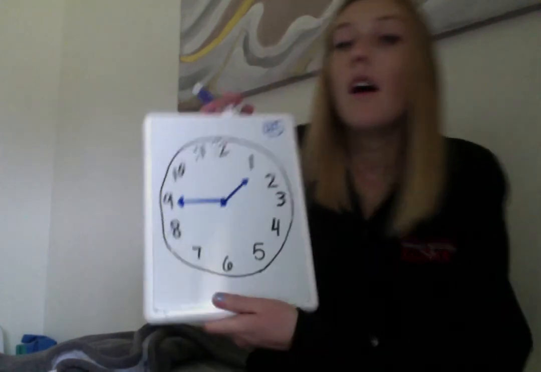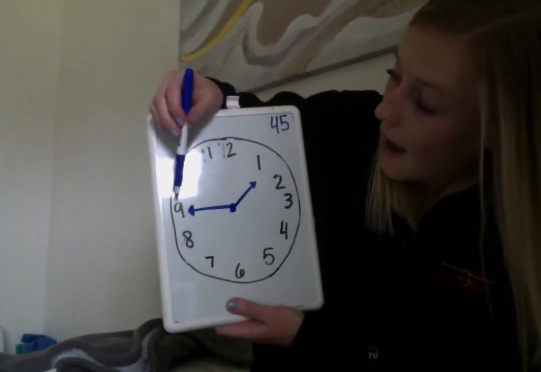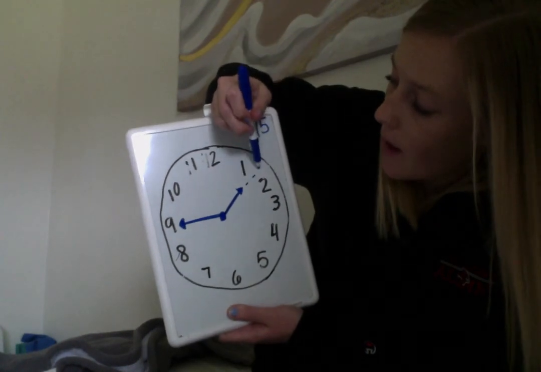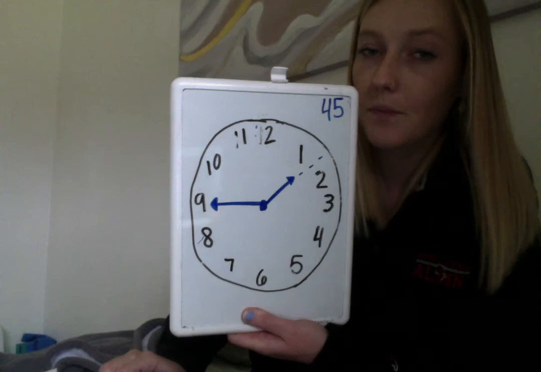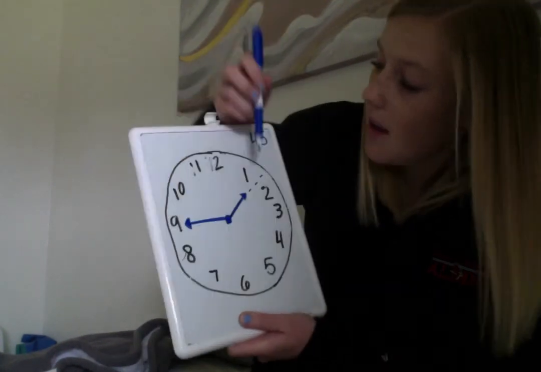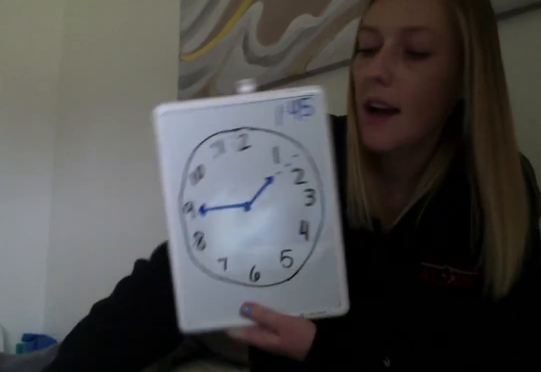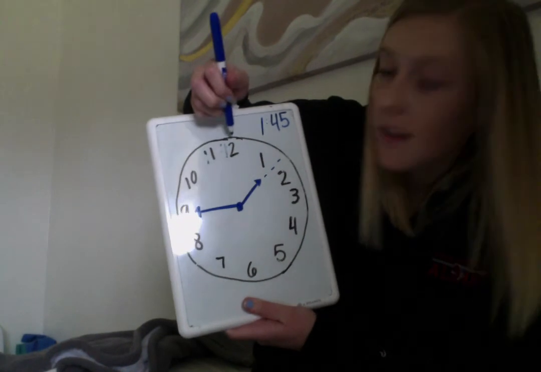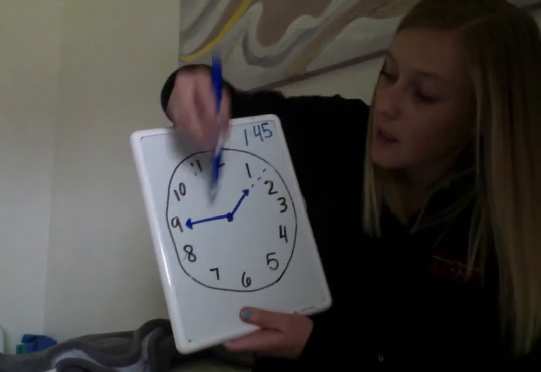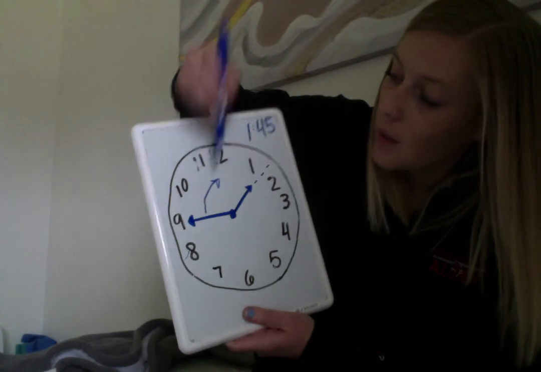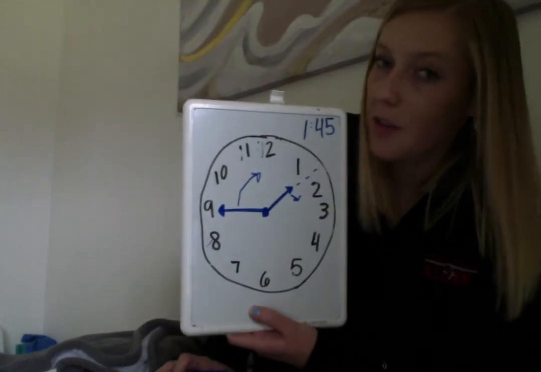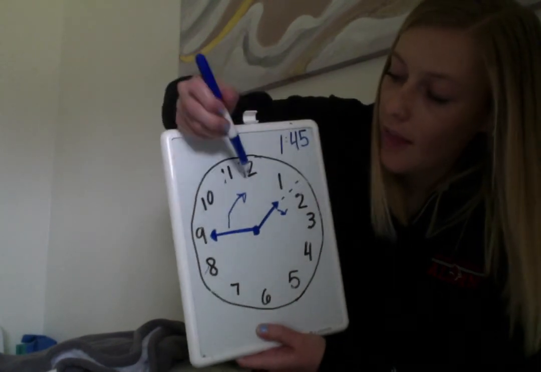So my minute hand is on the 9, which means that it is something 45, and my hour hand is right in between that 1 and that 2, which tells me that it has not hit the 2 yet, but it's past the 1, which tells you this clock is showing us 1:45, and in 15 minutes, it will be 2 o'clock, because this hand in 15 minutes will move there, and this hand in 15 minutes will move there. So the hour hand will be pointing at the 2, and the minute hand will be pointing at the 12 in 15 minutes.